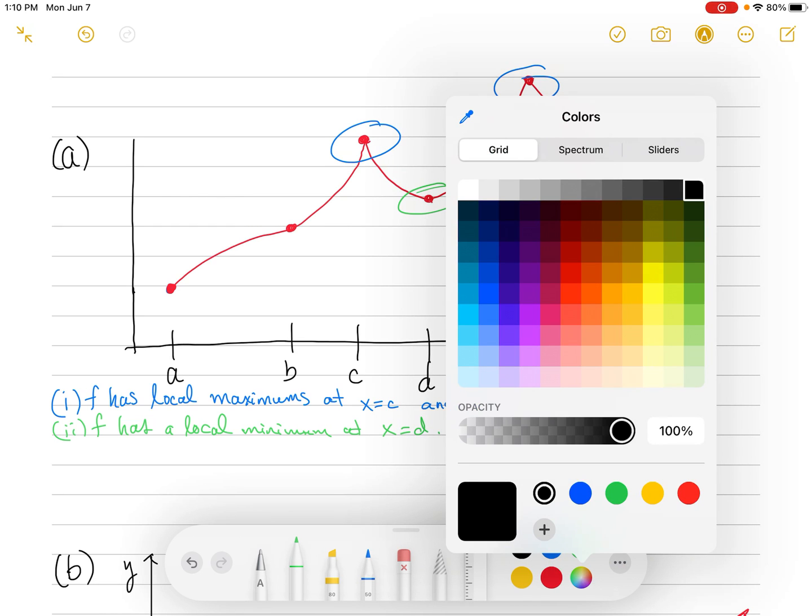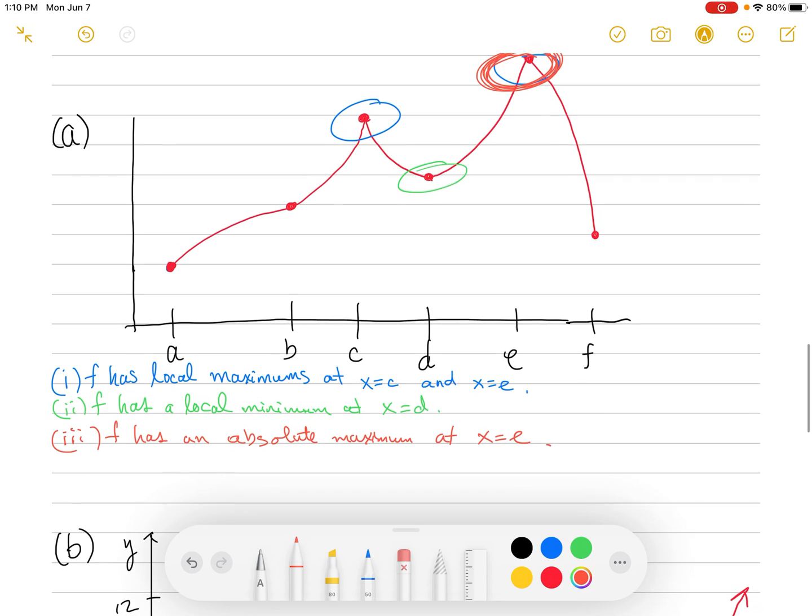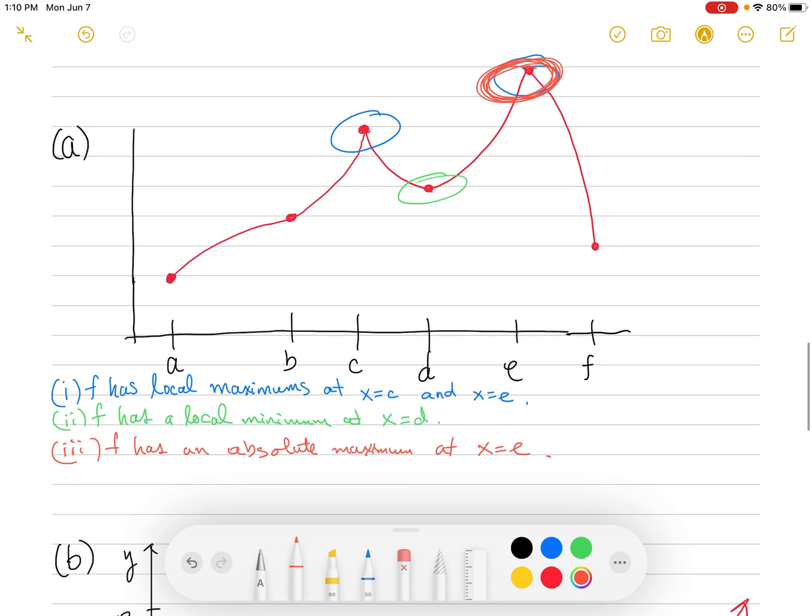Now, is there an absolute max, an absolutely highest place on this graph? Yeah, right here, right? That's where the absolute max is, at e. It's the highest place. So f has an absolute max at x equals e. So notice at e you have an absolute max and a local max.